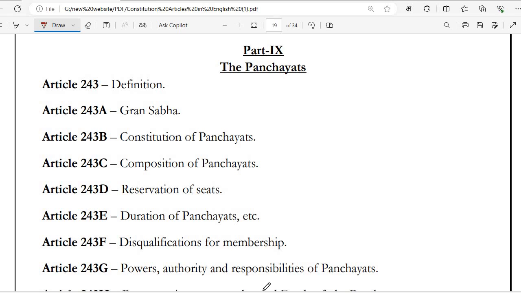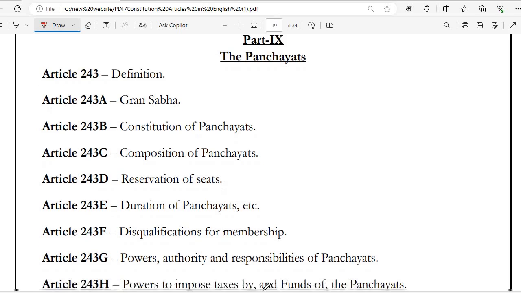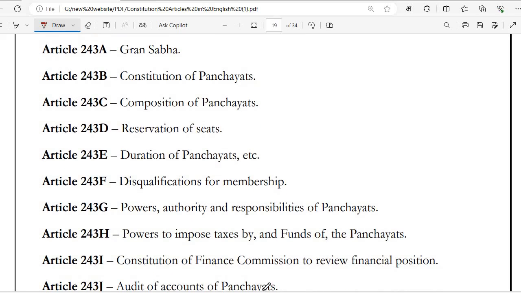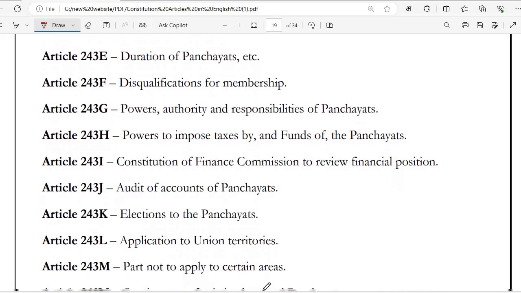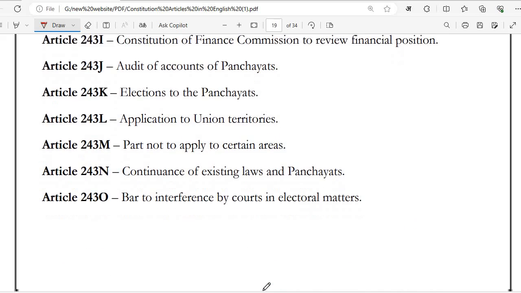And Gram Sabha, Article 243A, Constitution of Panchayat: the Gram Sabha is the assembly of villagers having a minimum age of 18 years or above. All the members of the Gram Sabha appoint one Sarpanch and the Ward Panches. These are the different provisions of the Panchayats. Duration of Panchayat and disqualification of members are not very important.